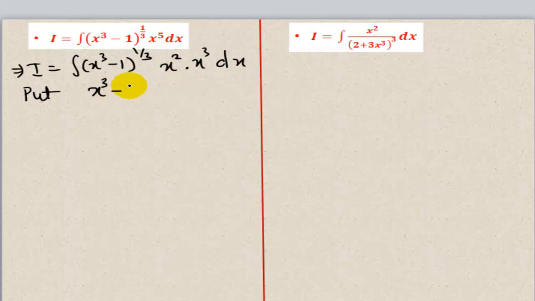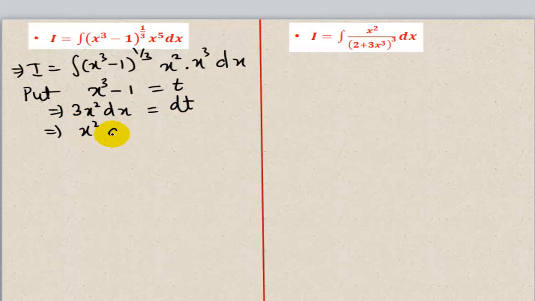So see here, if I put x cube minus 1 as t, the derivative of x cube will be 3x square dx, that of 1 will be 0, and that of t will be dt. And because 3 is not required, we will write x square dx as 1/3 of dt. So you can see here very well, this x square and dx will result in 1/3 of dt.